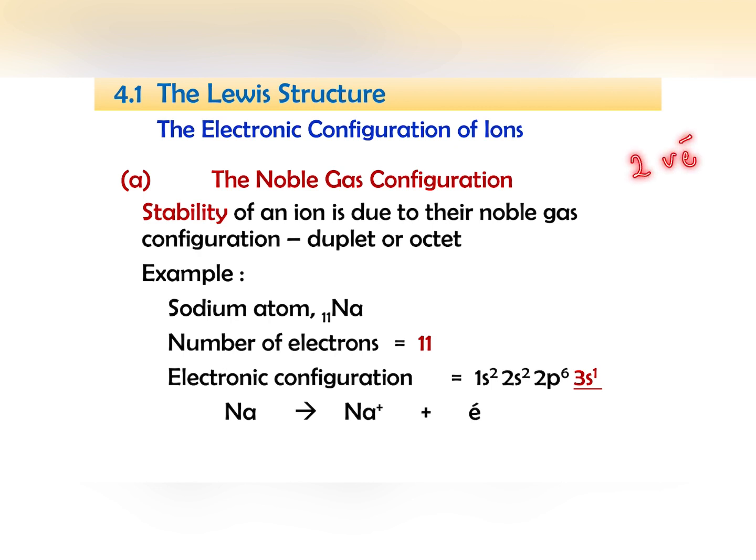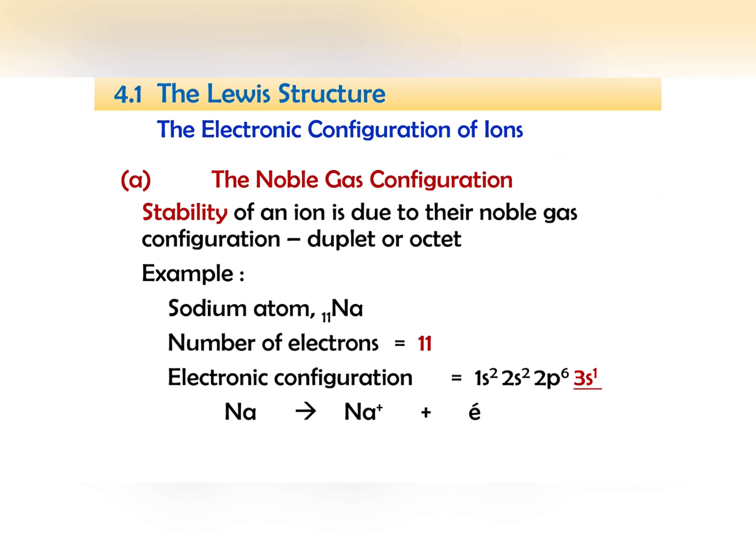Contoh macam 1s2. Okay, so dia capai already in duplet. Okay, dah stable dah. So octet pula, maksudnya octet 8 valence electron. So maksudnya dia punya electronic configuration should be ns2 np6. So total ada 8 elektron. So maksudnya dia dah capai noble gas configuration.